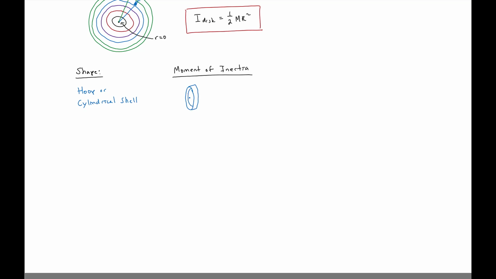It's a shell, and your axis of rotation is through the center. So very important to say that the axis of rotation is at the center. So then your moment of inertia equation is I is equal to mr squared. So that's one option.